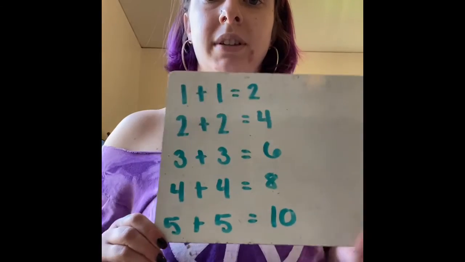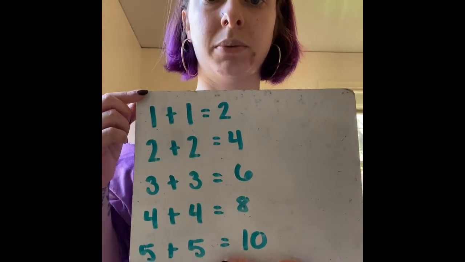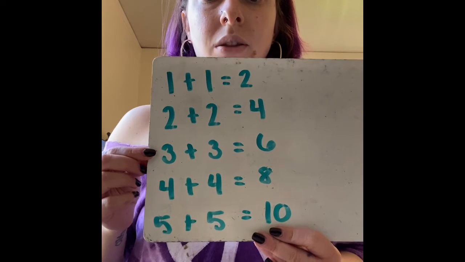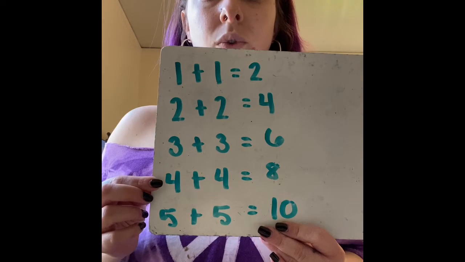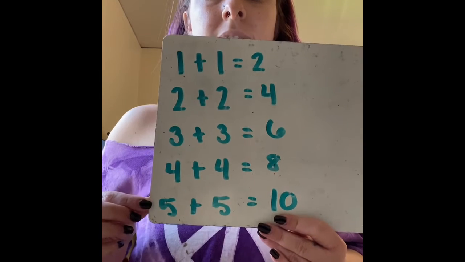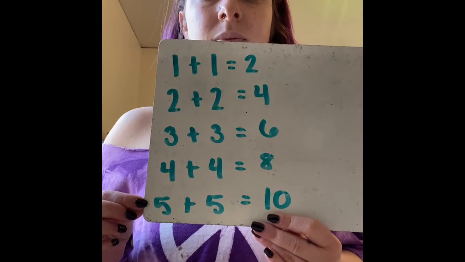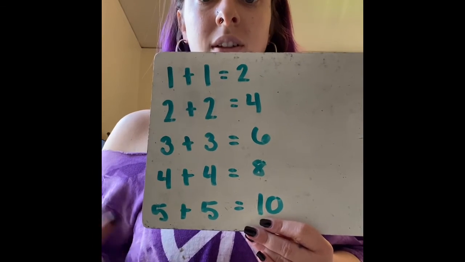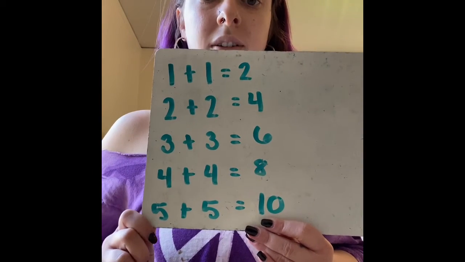Okay, first graders, so here's what Miss Taylor got. I got 1 plus 1 equals 2. I got 2 plus 2 equals 4. I got 3 plus 3 equals 6. 4 plus 4 equals 8. 5 plus 5 equals 10. I want you to take a moment before Miss Taylor shares her noticings. I want you to take a moment and look at these equations.